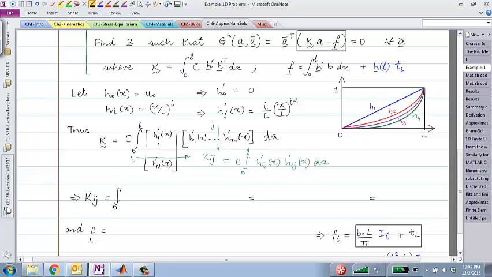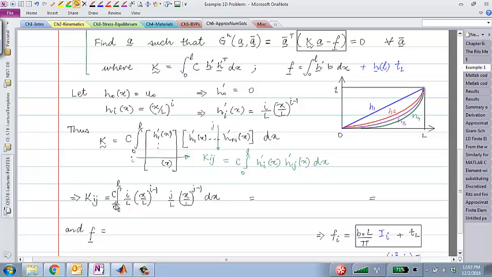So now I'll plug in the value there of the integral of c times the derivative of hi function, which would be i over L times x over L to the i minus 1. The derivative of the hj function would be j over L times x over L to the j minus 1, and dx. Okay.